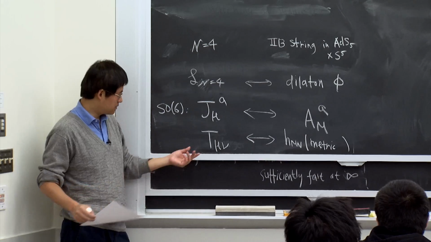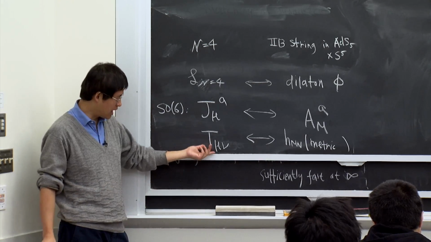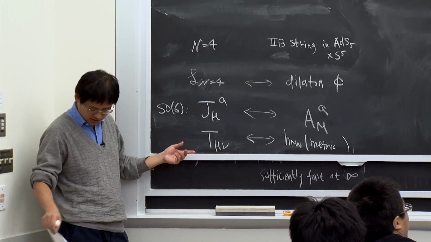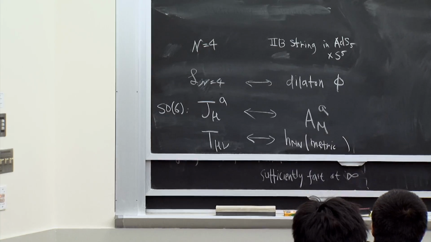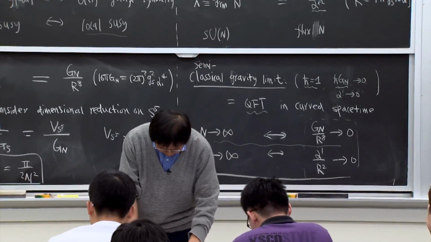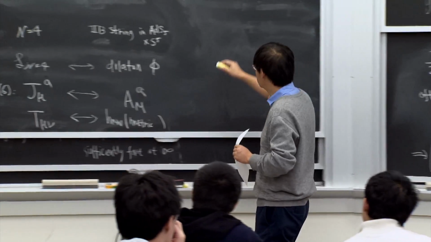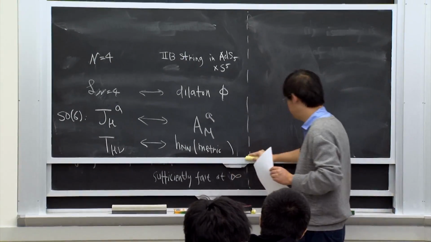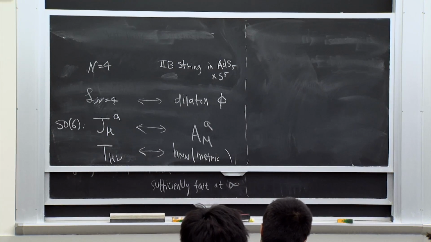And physically, this is also natural. I will elaborate on this a little bit further from a different perspective in a few minutes. Okay. Do you have any questions regarding this?